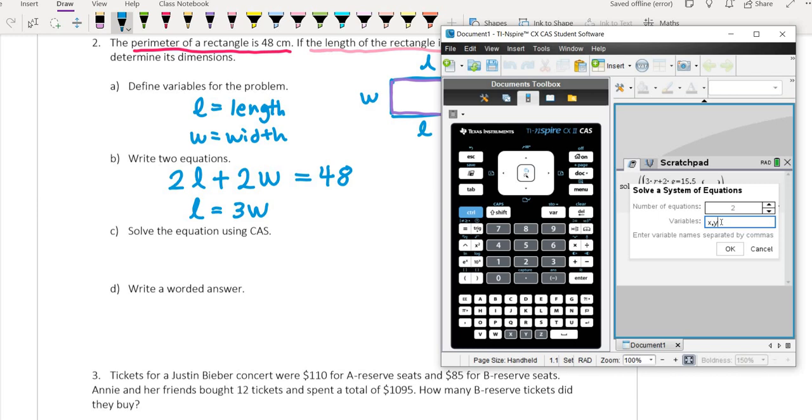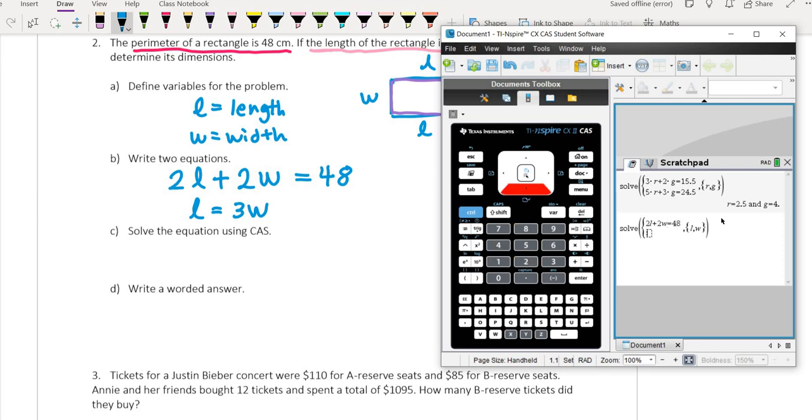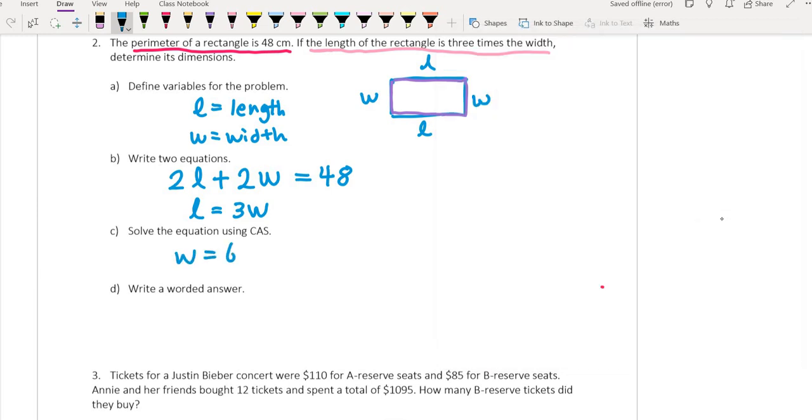And instead of X and Y, we have L and W. And just carefully write all of them in. 2L plus 2W equals 48. And we know L equals 3W. Press enter. Tells you the answer. So W is 6, L is 18.